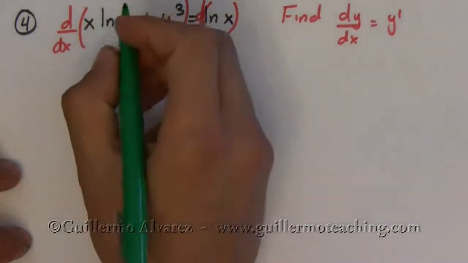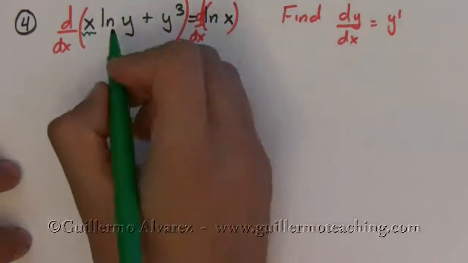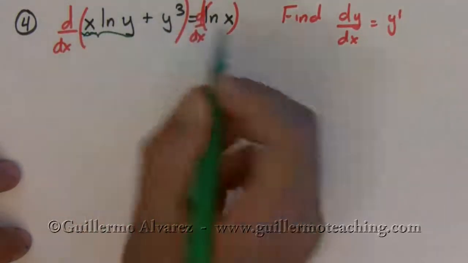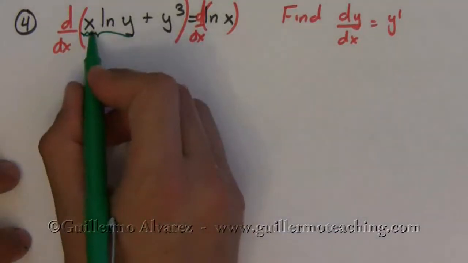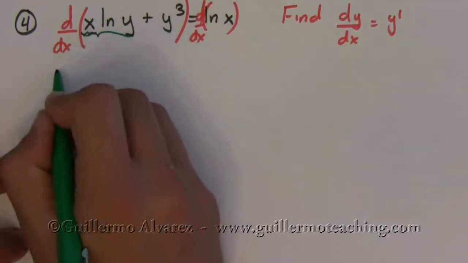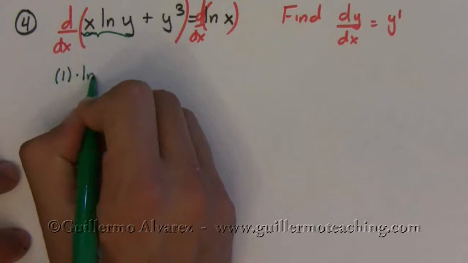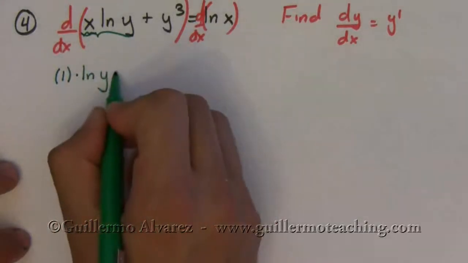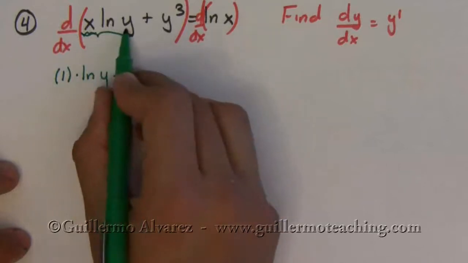The derivative of this first part, well, here we have to use the product rule. And so what we're going to have is, here we have the derivative of the first, which is just 1 times the second, plus the first times the derivative of the second.